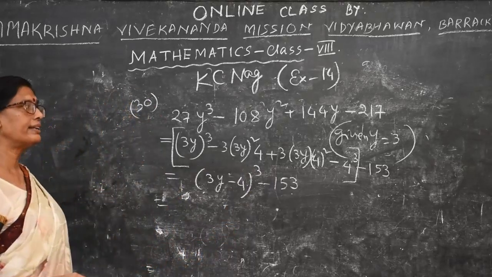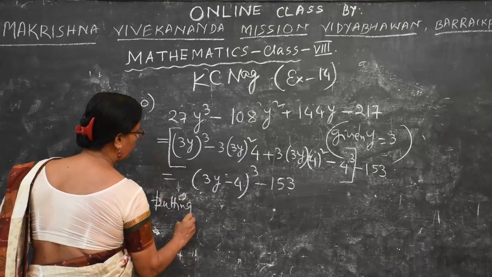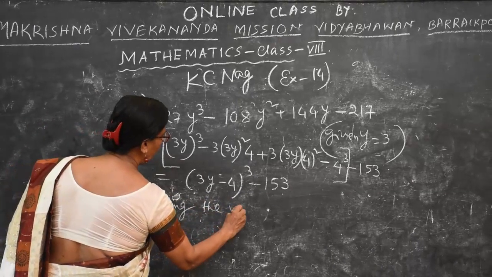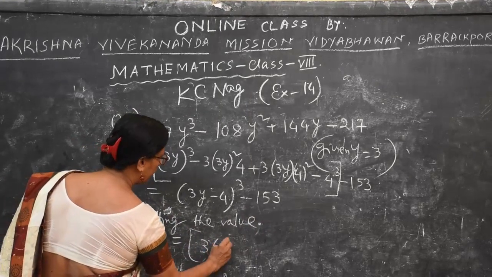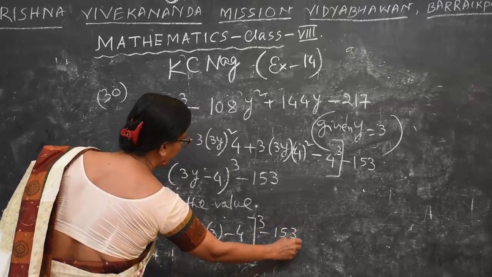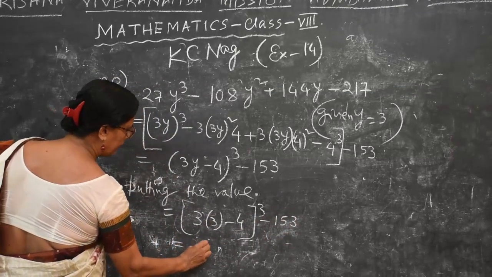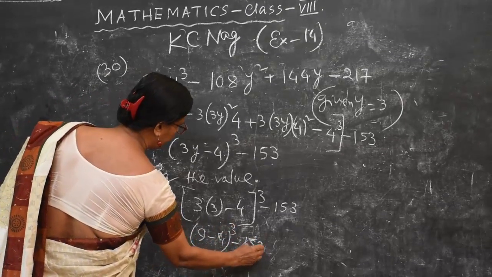Now what is given? y is 3. So we are putting the value. We get (3 into 3 minus 4) cube minus 153. So 3 into 3 is 9, minus 4, cube, minus 153.